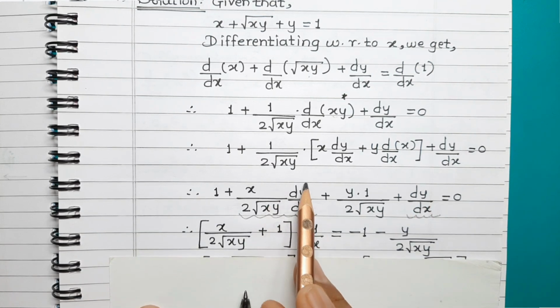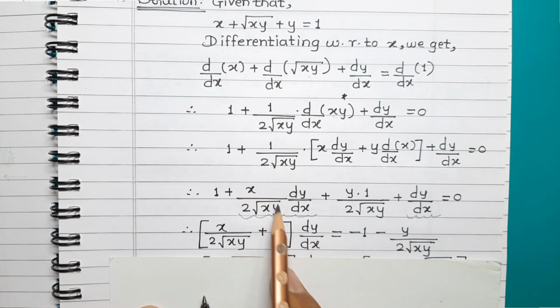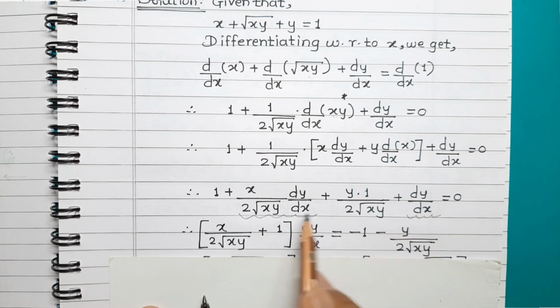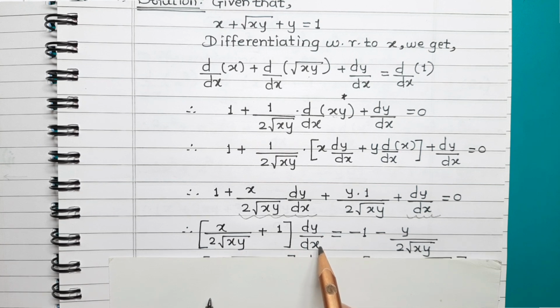See, from this term we have taken dy by dx common. So we have in bracket x upon 2 root of xy, and from this term taking dy by dx common we have 1 in bracket. So collecting these two terms we get x upon 2 root xy plus 1 into dy by dx.